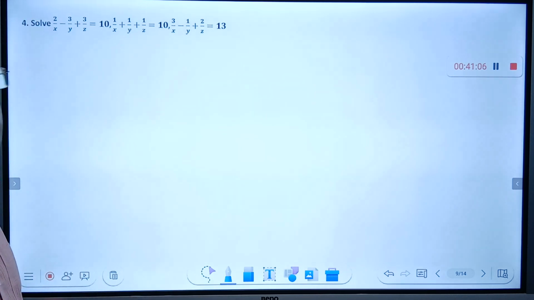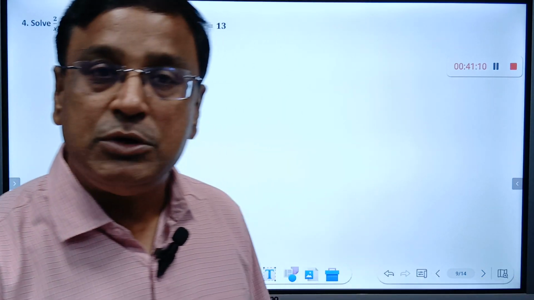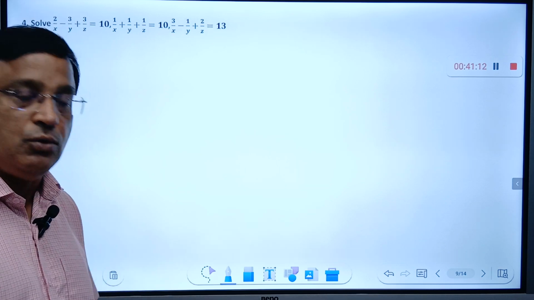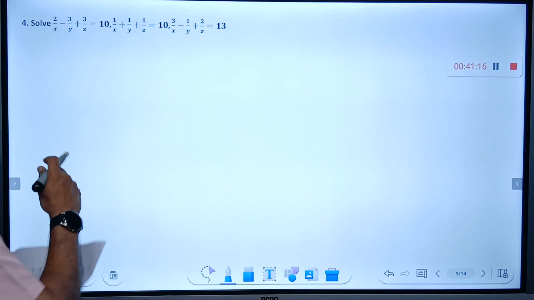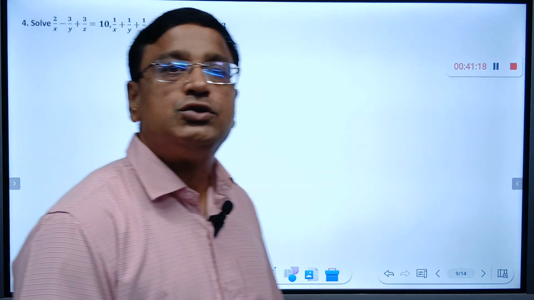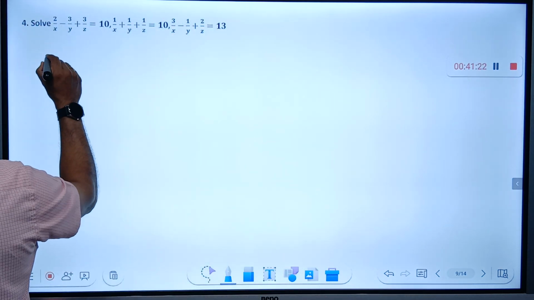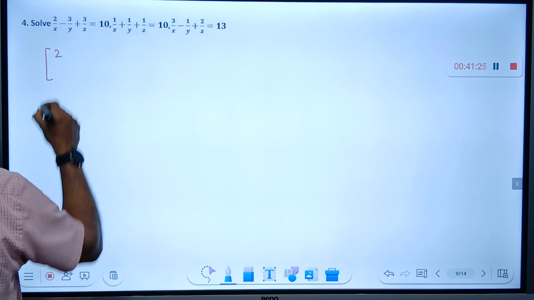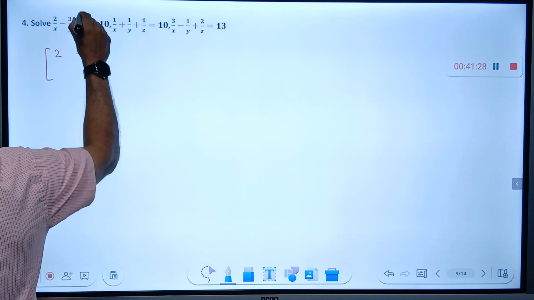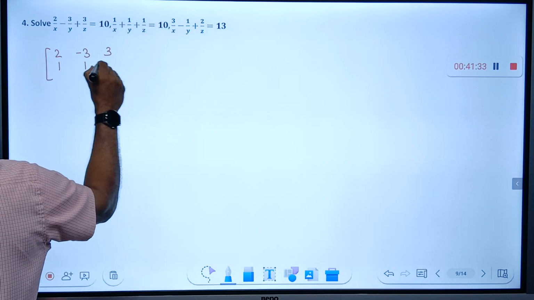Now this is a very famous, very, very important sum, almost similar, I think the same numbers you have in the NCERT book also. Okay. Now how do I do it? Here no matrix is given. You are only asked to solve a system of equations. Now what is the coefficient of 1 by x? The coefficient of 1 by x is 2. Coefficient of 1 by y is -3. Z is 3. Again here, 1, 1, 1.